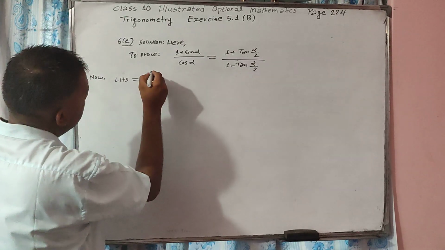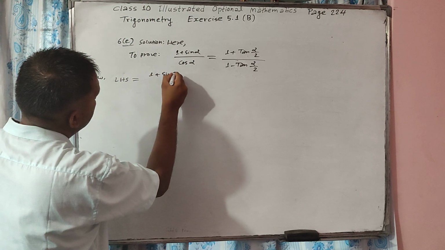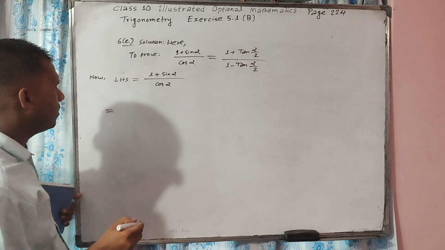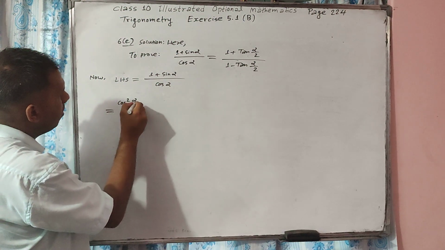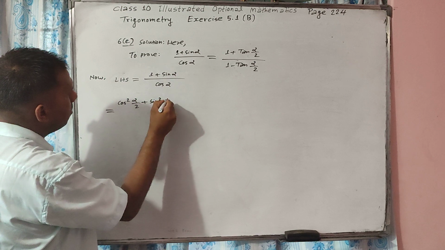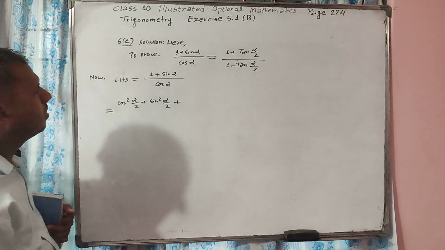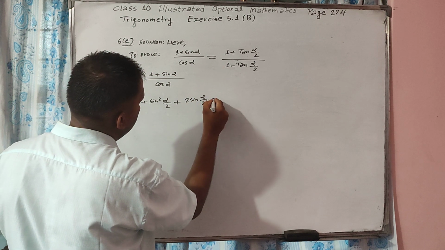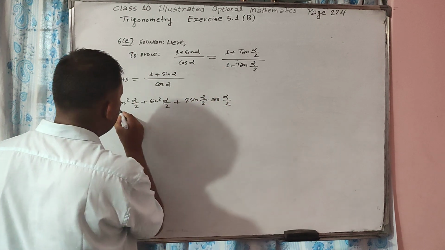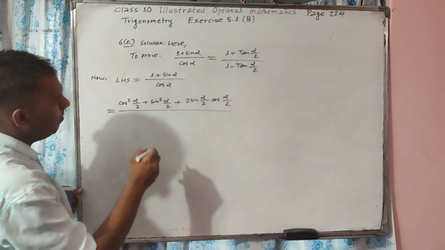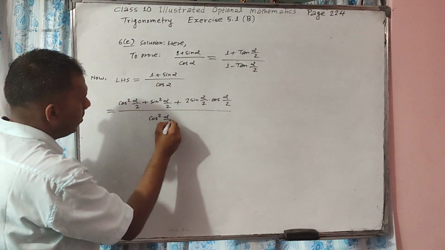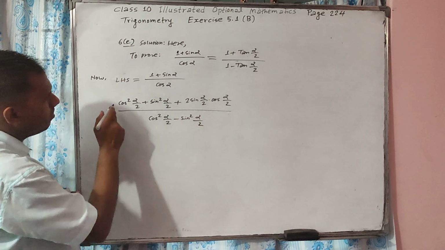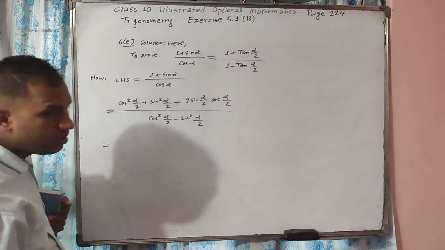Now LHS is equal to (1 plus sine alpha) whole upon cos alpha. This 1, that is cos square alpha/2 plus sine square alpha/2, plus sine alpha, that is 2 sine alpha/2 dot cos alpha/2, whole upon cos alpha, that is cos square alpha/2 minus sine square alpha/2. A square plus b square plus 2ab, that is (a plus b) whole square.